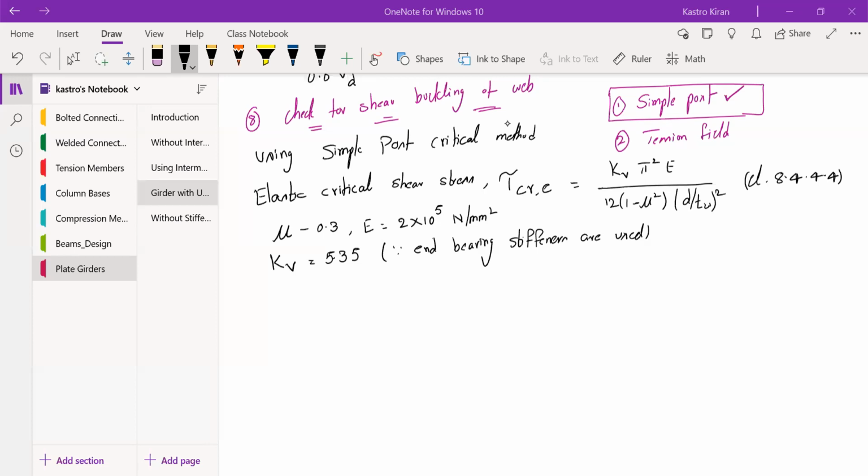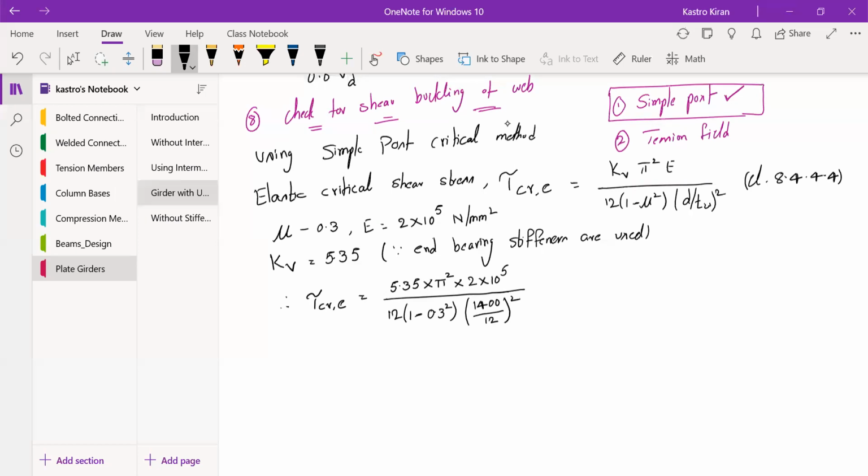Therefore tau CRE equals the value of kV, which is 5.35, into pi square into 2 into 10 power 5, which is the Young's modulus of steel, upon 12 into 1 minus nu square, which is 0.3, that is the value of Poisson's ratio, and d by tw, where D is the depth of the web, which is 1400, and tw is the thickness of the web, which is 12, whole square.